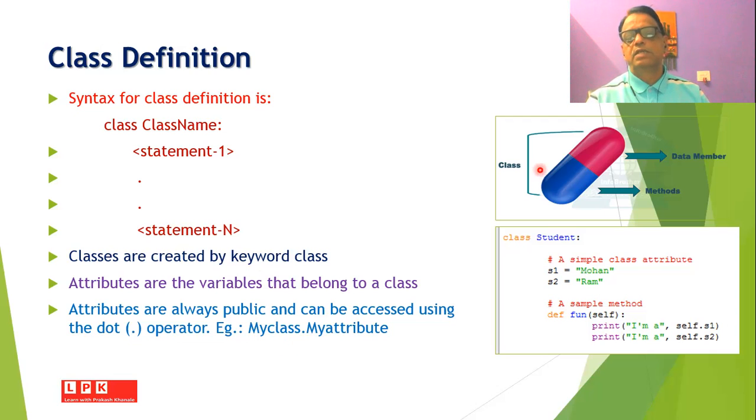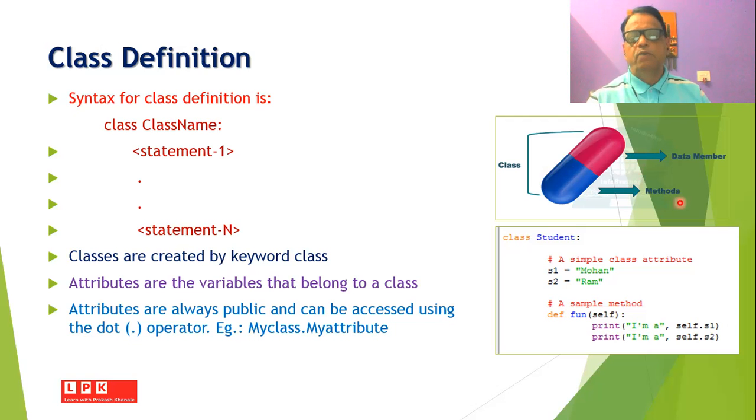A class, as I said, is nothing but a combination of data members, that is attributes, and the methods that are associated. So we can say that it is a kind of encapsulation where the data members and methods are clubbed together in a class.